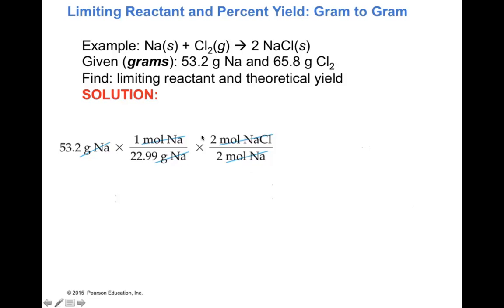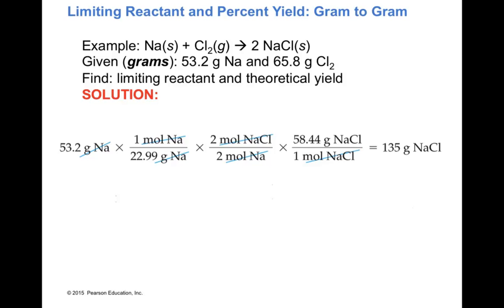That's why we use this conversion factor of 2 to 2, okay? And now that we cancel the moles of sodium, we have the moles of sodium chloride. We need to change this to mass of sodium chloride by using the molar mass of sodium chloride, that is 58.4 grams. Okay, and this will be equal to 135 grams of sodium chloride.